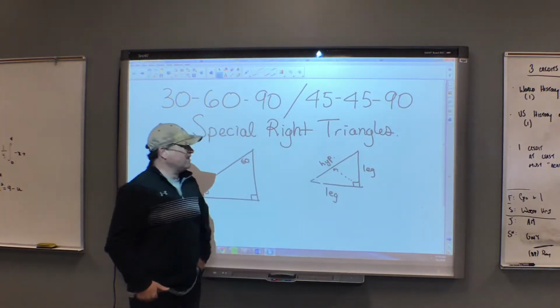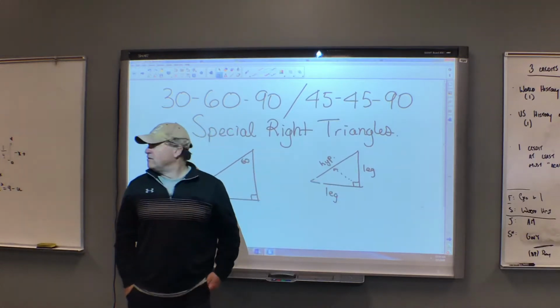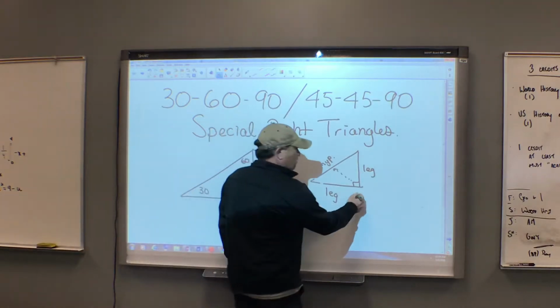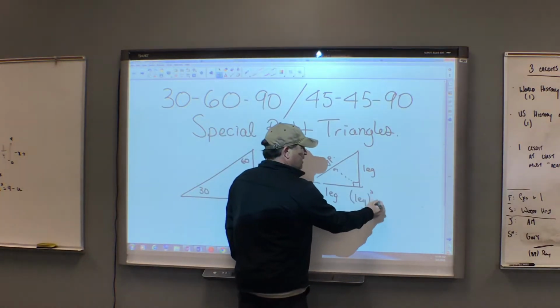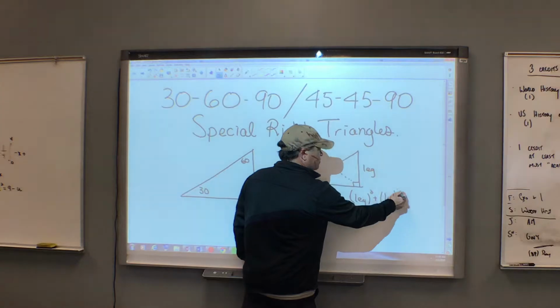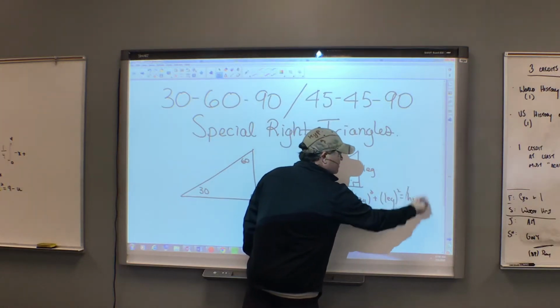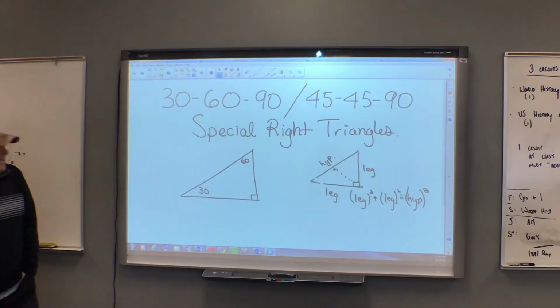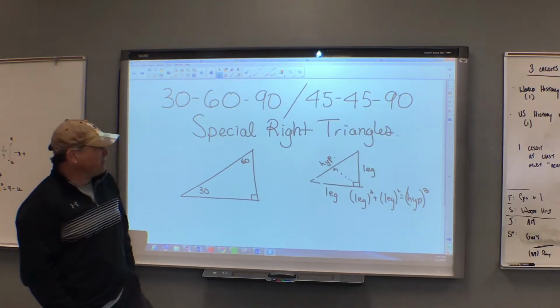So there's our right angle, the side opposite of it being the hypotenuse. The relationship there was that leg squared plus leg squared equals hypotenuse squared. That's definitely one relationship that we have with right triangles.